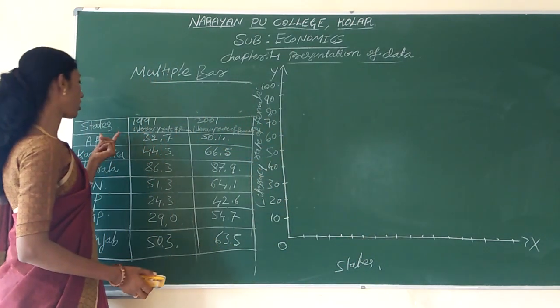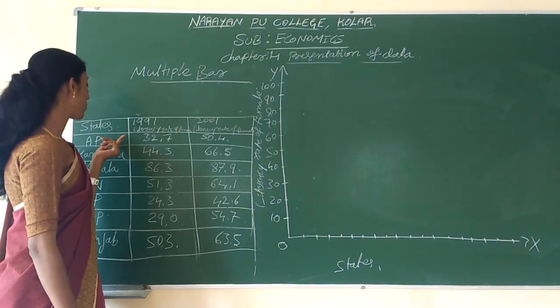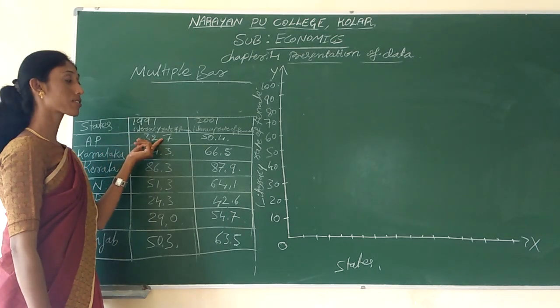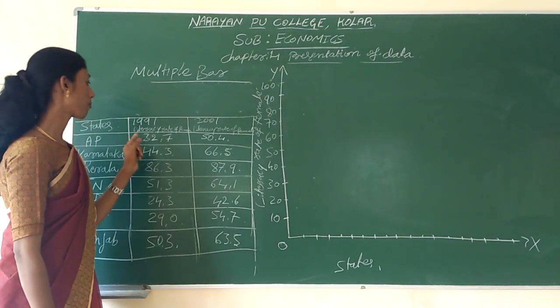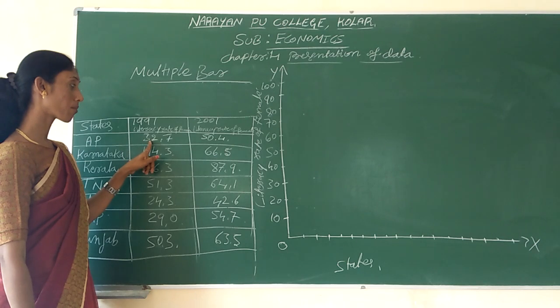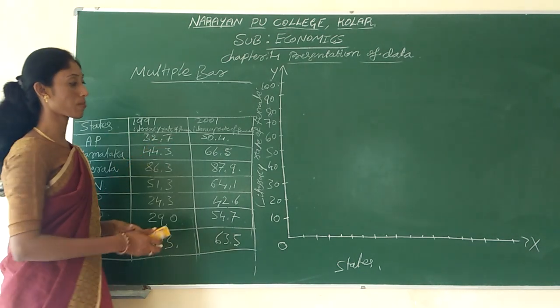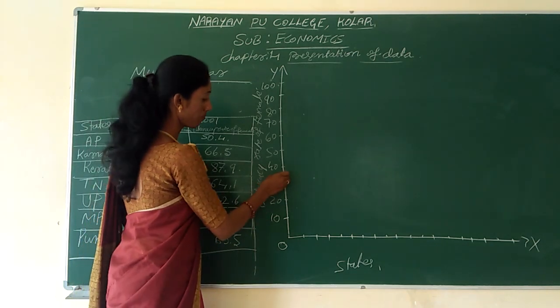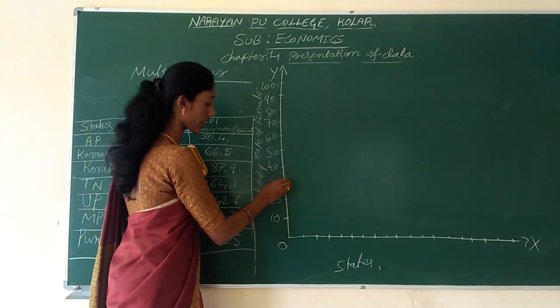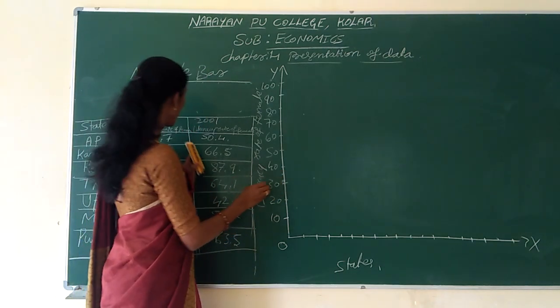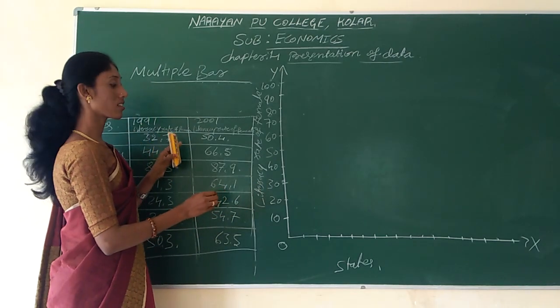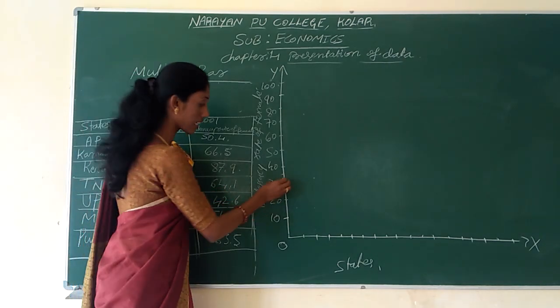Now first we draw multiple bars relating to Andhra Pradesh literacy rate of female. What is the literacy rate of female in Andhra Pradesh in 1991? 32.7. Here 32.7 means near it will be 33.